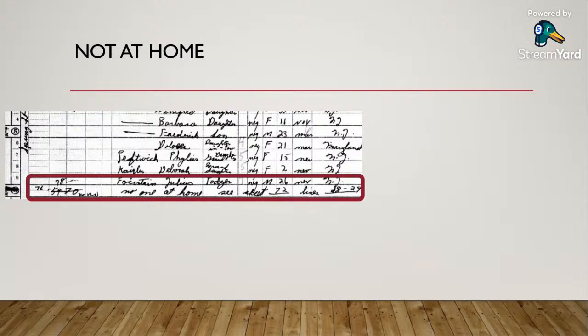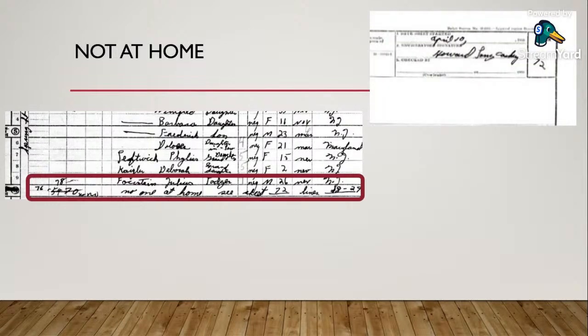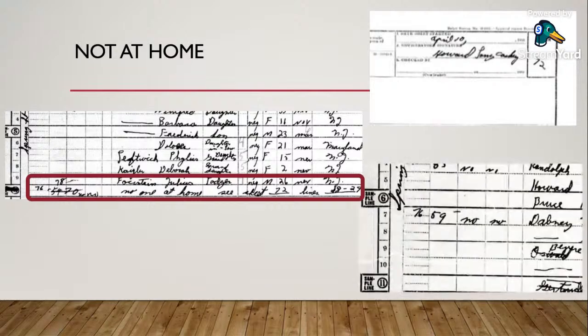So I went to sheet 72 in this enumeration district, and here is the entry for 76 Spring Street. You notice it says 59. This is the dwelling serial number in this column, 79. So I am looking at the information that the enumerator took for that home.